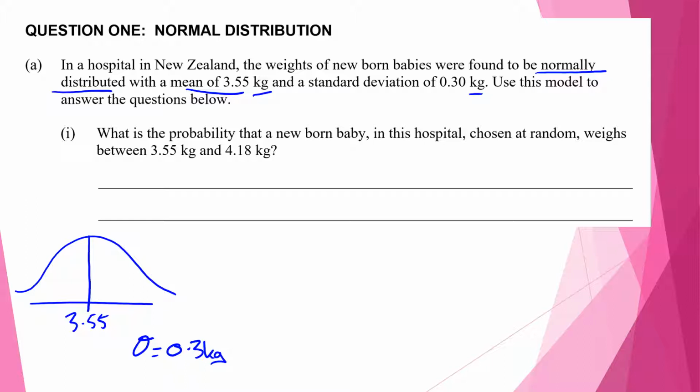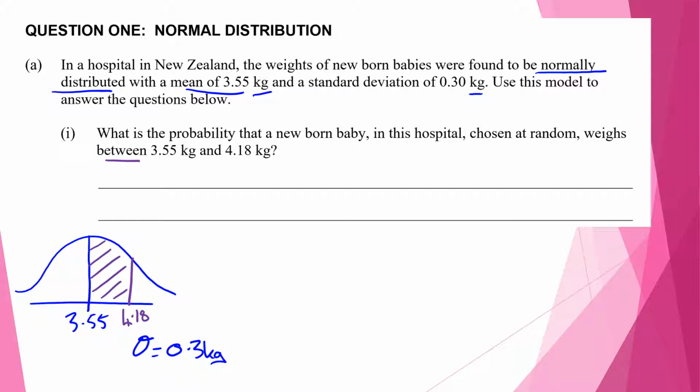So what is the probability that a newborn baby in this hospital chosen at random weighs between 3.55 and 4.18? So 4.18 is above 3.55, the mean, and we're looking at between, so shade in the between.